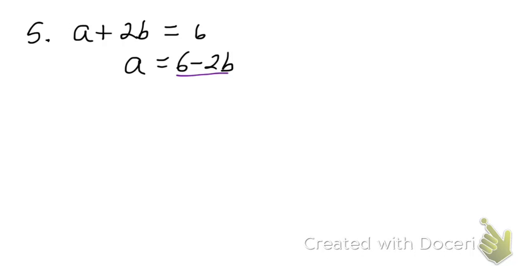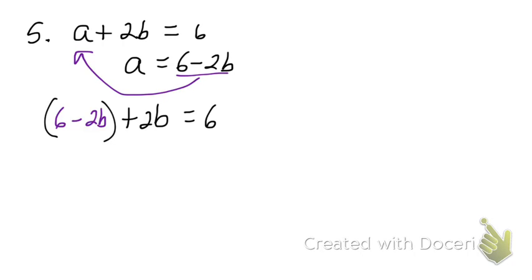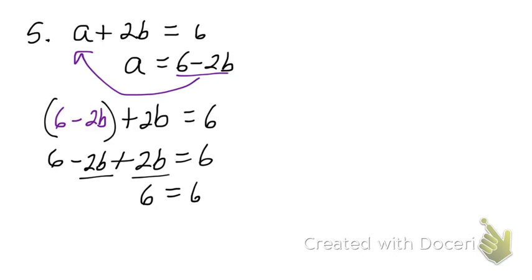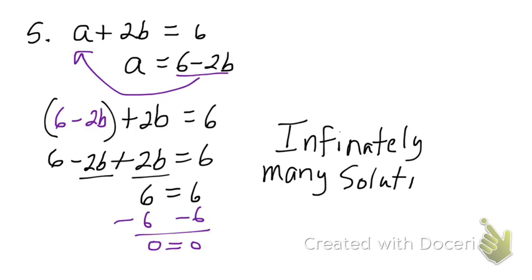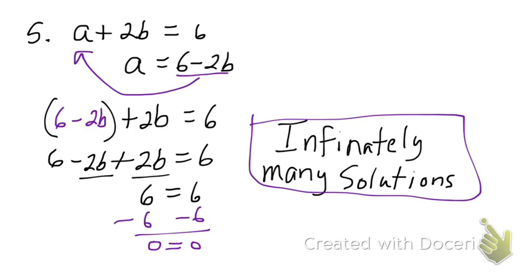So here you have a is equal to 6 minus 2b. Let's substitute for a in the first equation. And when we do that, notice we get 6 equals 6. Or we can even subtract 6 on both sides. So anytime we get a statement like this, what's happened here is everything has fallen out, and the reason why is because they're the same equation.